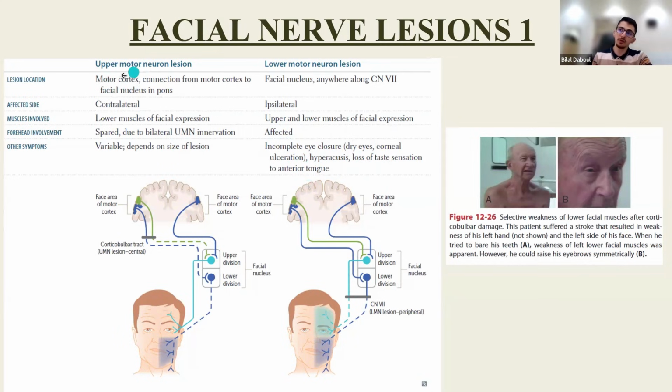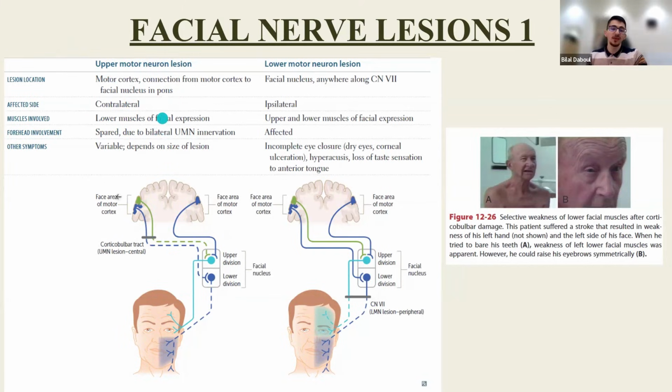Now, for the upper motor neuron lesion, it's very different. It is typically located either within the motor cortex or somewhere between the motor cortex and the lower division of the facial motor nucleus. So you could call the corticobulbar or corticonuclear tract above the level of the pons, and you would have an upper motor neuron lesion of the facial nerve.